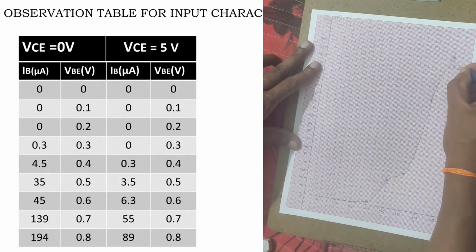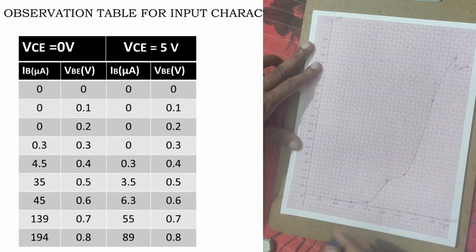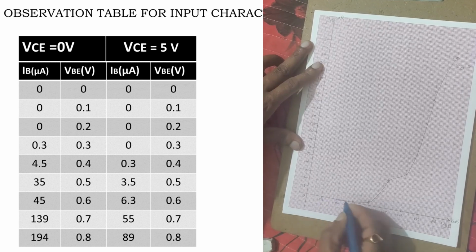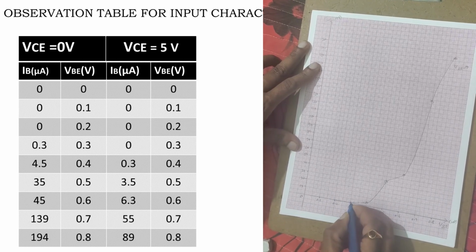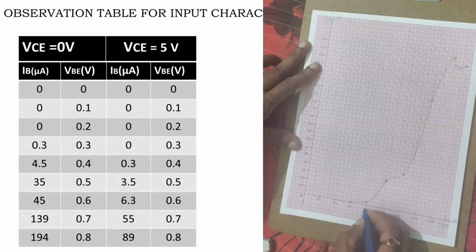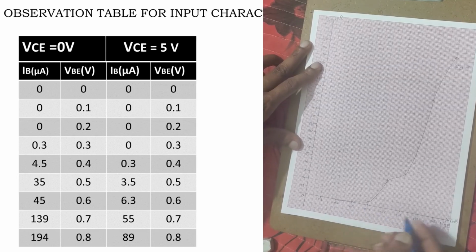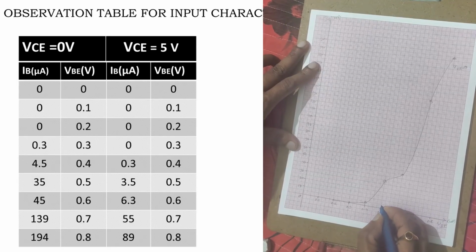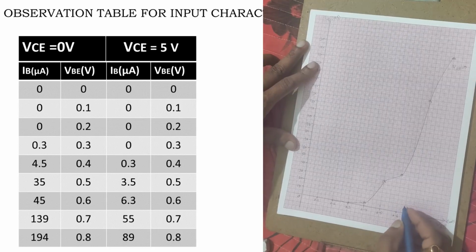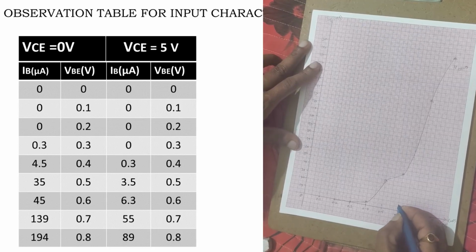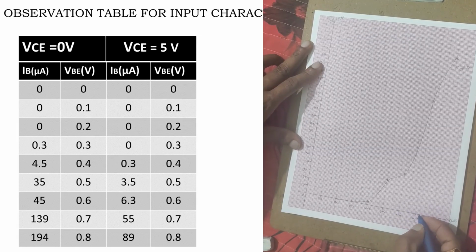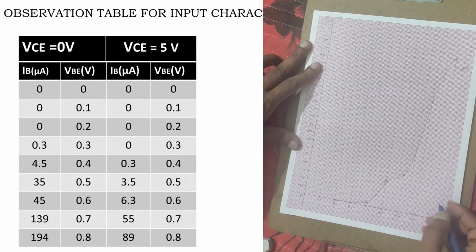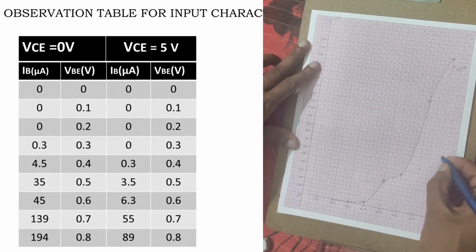For VCE equals 5 volts, for 0 its value is 0, for 0.1 its value is 0, for 0.2 its value is 0, for 0.3 its value is 0, for 0.4 its value is 0.3, for 0.5 its value is 3.5, for 0.6 its value is 6.3, for 0.7 its value is 55, for 0.8 its value is 89.